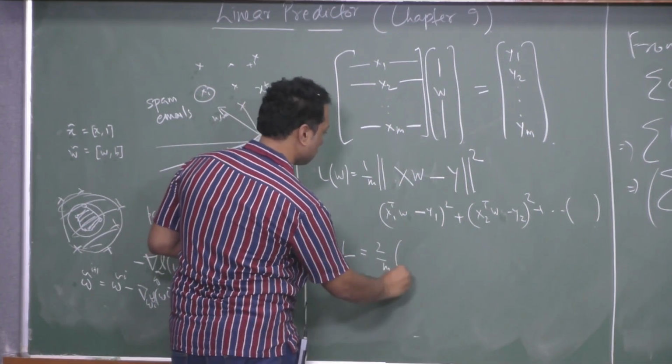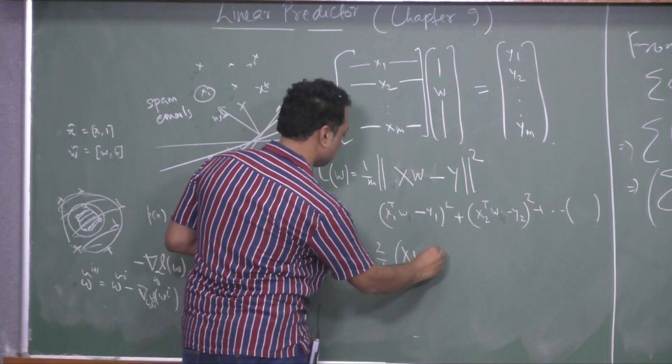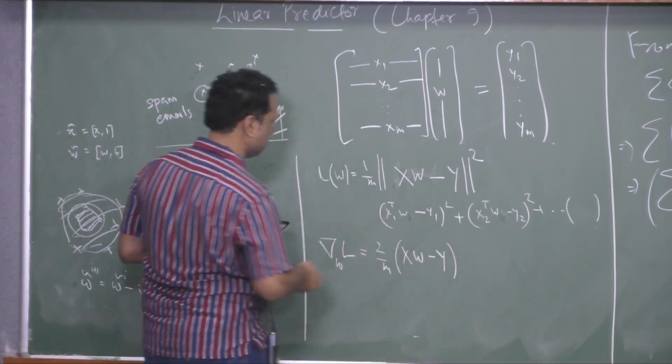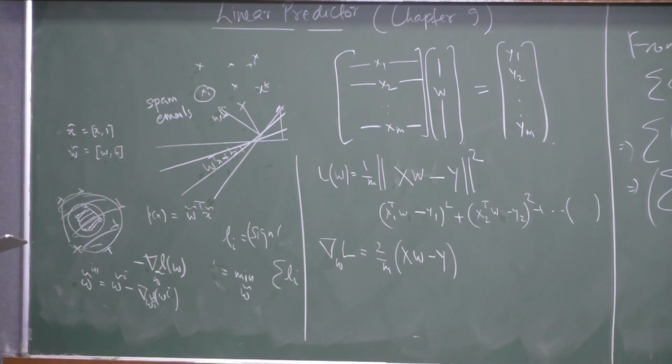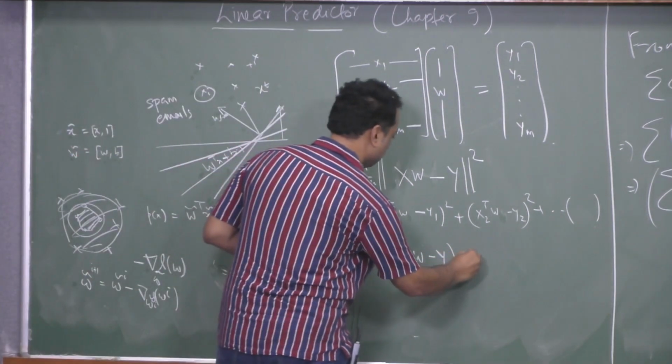We want this gradient to vanish. For an optimal w, this gradient will be 0.